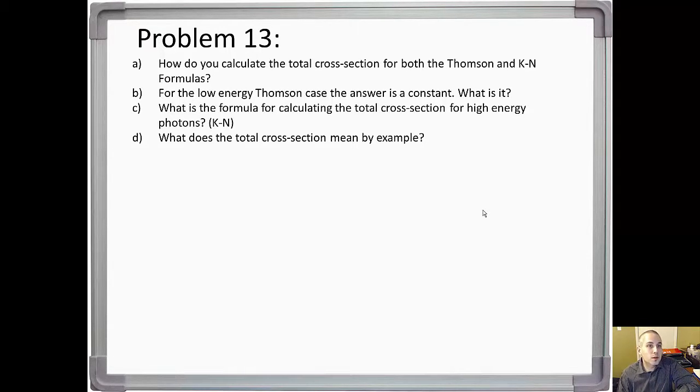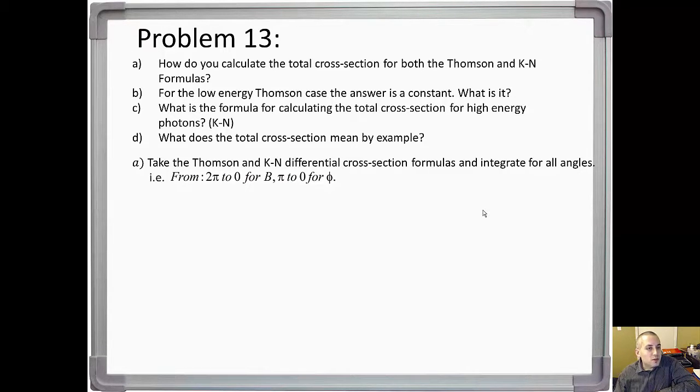So moving on to problem 13. Notice that in the other two formulas, we needed the scattering angle, right? But looking at problem 13a, how do you calculate the total cross-section for both Thomson and Klein-Nishina formulas? So for all angles, not just those particular angles.